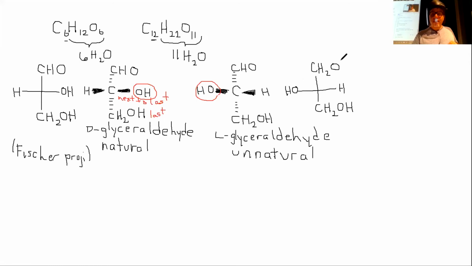I guess if you're looking at a deoxy sugar where both of these are hydrogens, then I guess it's neither D nor L. I've never heard of a compound like that. I don't think they exist. But in general, you'll find there will be a penultimate OH, a next to last OH group. So that would be what the Fischer projection for L-glyceraldehyde would look like.